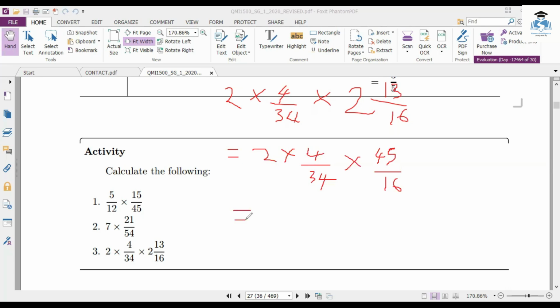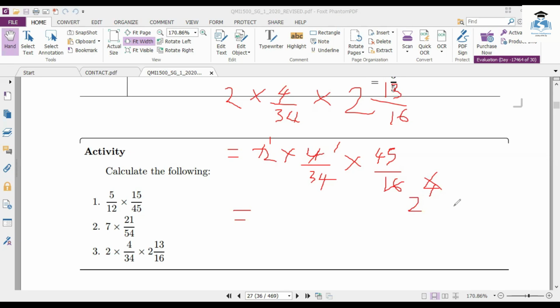Then now 4 and 16, 4 goes once, and into 16 goes 4 times. Then 2 goes once into 4 is 2.